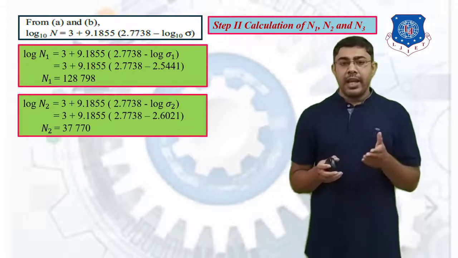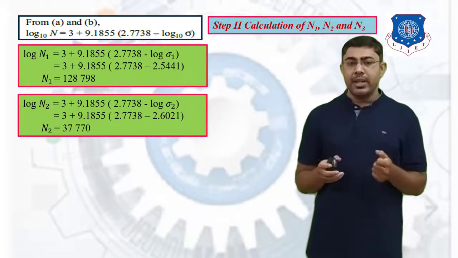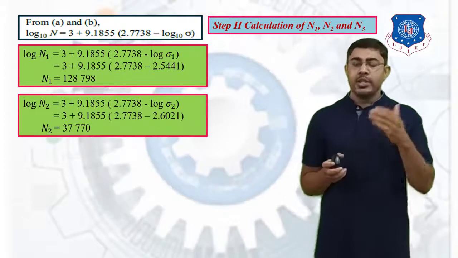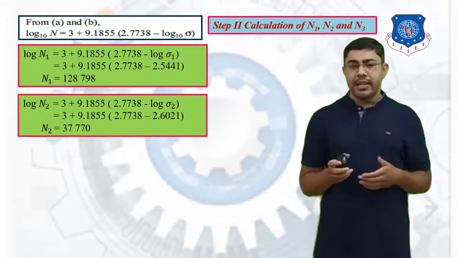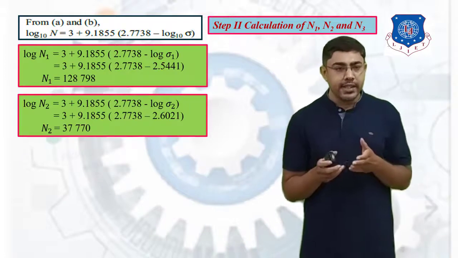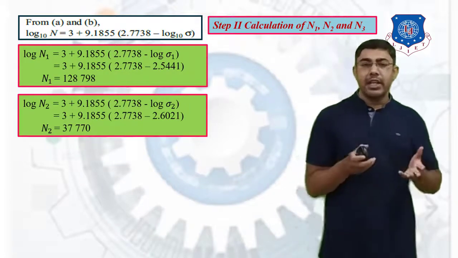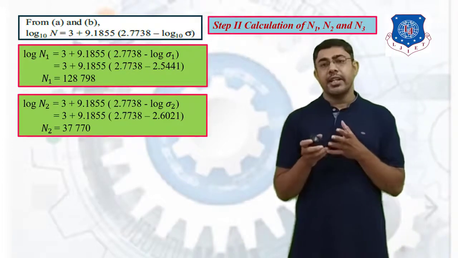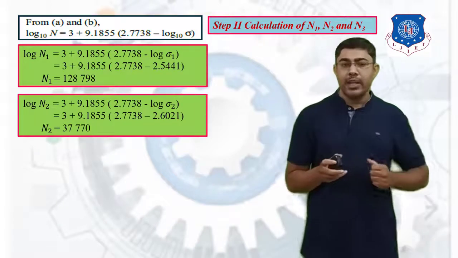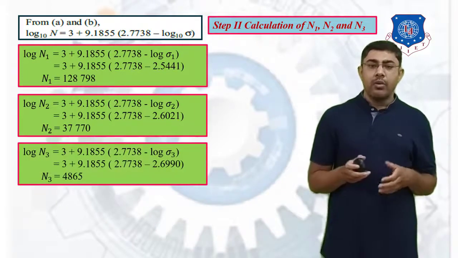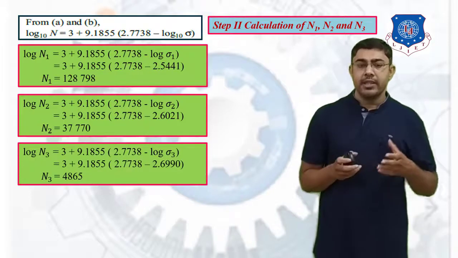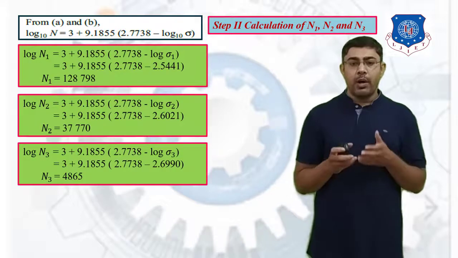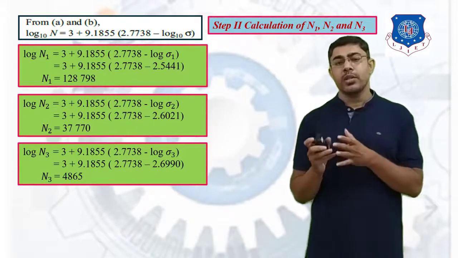Now log n becomes, by placing the value of log sigma 2 instead of log sigma, and the log sigma 2 value we calculated in the previous slide, that is 2.6021, we get the value of N2 equal to 37,770 cycles. Now calculate log N3, that is equal to 3 plus 9.1855 into 2.7738 minus log sigma 3.